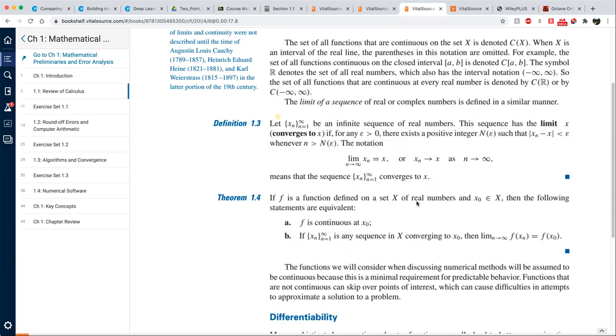Now Theorem 1.4: if f(x) is a function defined on a set X of real numbers, normally X means the domain of f(x), then the following statements are equivalent.